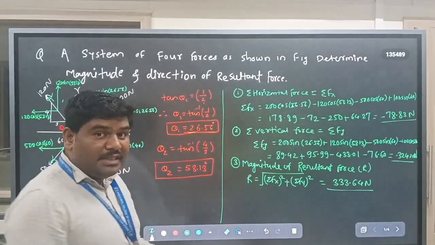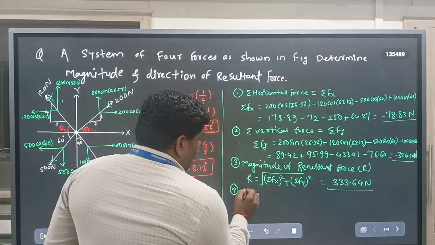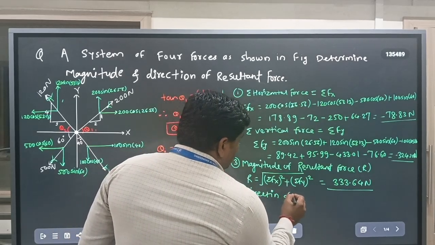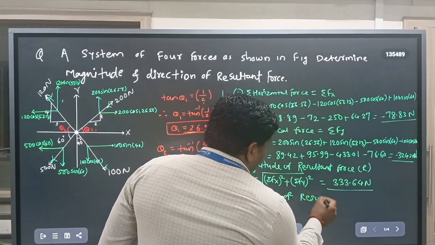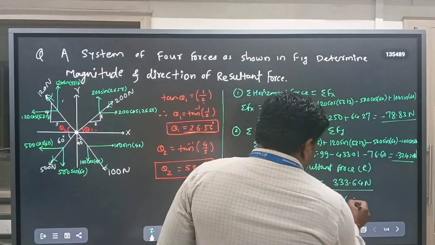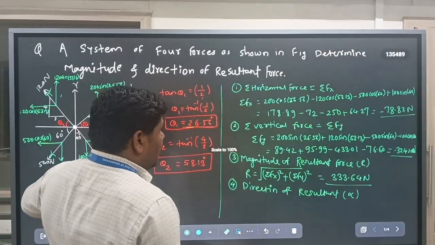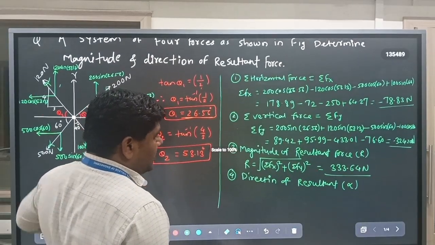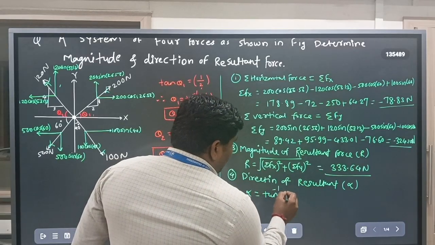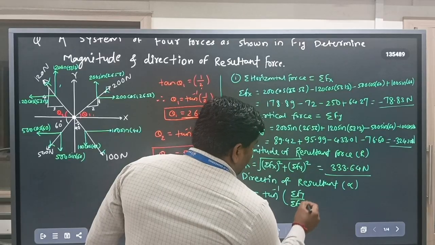Now we have to find out its direction, position of resultant. So step number 4 is direction of resultant force. And the formula for direction of resultant force, you know it very well. So resultant force is alpha equal to tan inverse of summation of f of y upon summation of f of x.